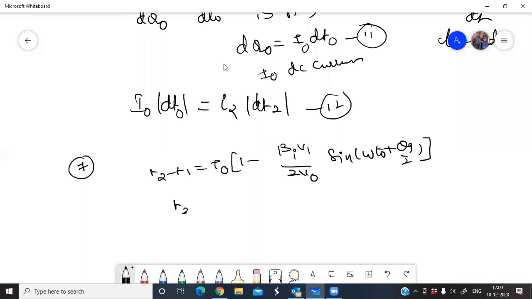And from this, T2 equal to T1 plus T naught into 1 minus beta I V1 by 2V naught sin omega T naught plus theta g by 2.